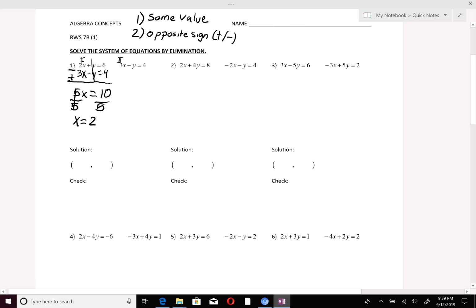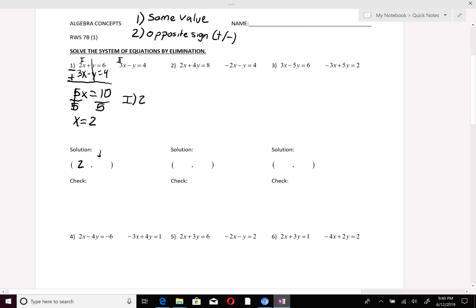Now before we're done, we can fill in this box, but we still have to fill in our y. And the way that we do that, and it's a lot less work, is by plugging in whatever variable we found into the equation, either 1 or 2. So I'm going to use equation 1.